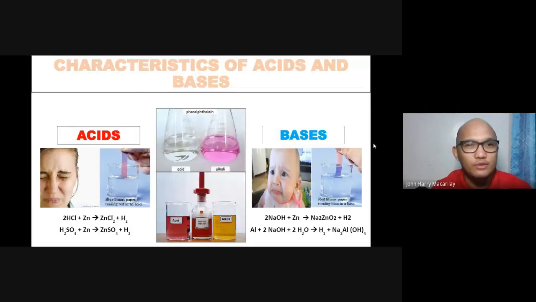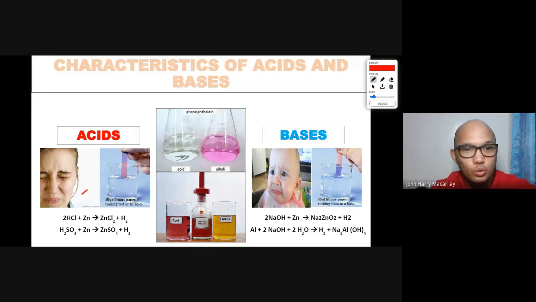So let's have some characteristics of your acids and your bases. So acids generally have a characteristic sour taste. And then if you will test it with the litmus paper, it will change the color of the litmus paper from blue to red, or red to red, or no change.